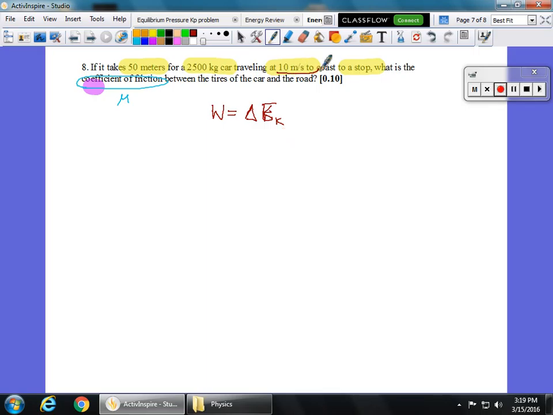We're initially at a velocity of 10 meters per second, and our final velocity over here at a stop, v final, is 0. So I know that my kinetic energy final is going to be 0 minus my kinetic energy initial. And so in this case, we're definitely going to wind up with a negative value for the work.